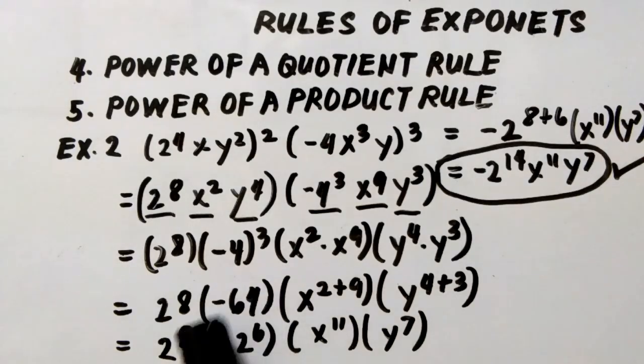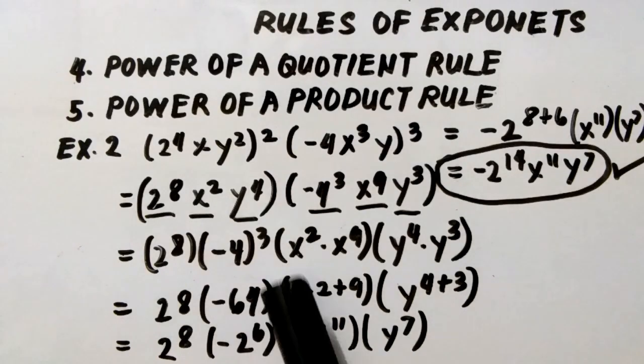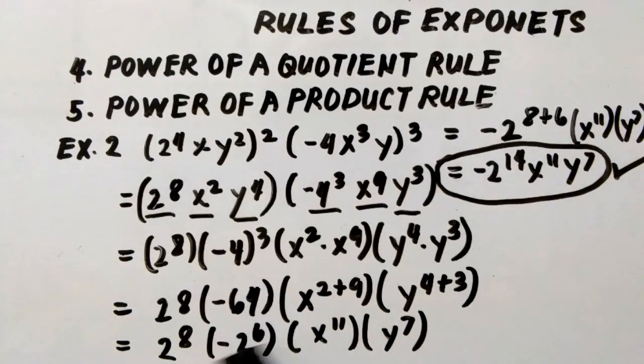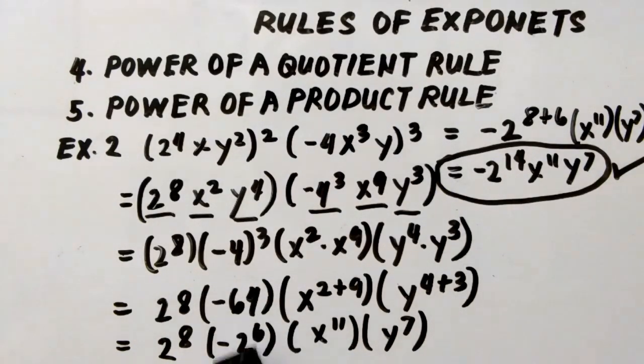Balikan po natin ito. Negative 2 to the 6. Paano po ba naging negative 2 to the 6 ito? Dito po siya nanggaling sa 64. Ang nangyari po dito, kinuha po natin yung prime factorization o yung prime factors po ng 64. Dahil divisible po itong 64 sa 2, yun po ang ginamit natin. Kaya nagkaroon po tayo ng base na 2.